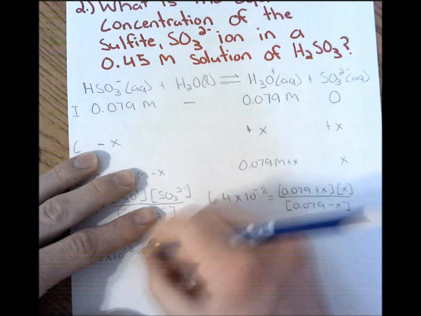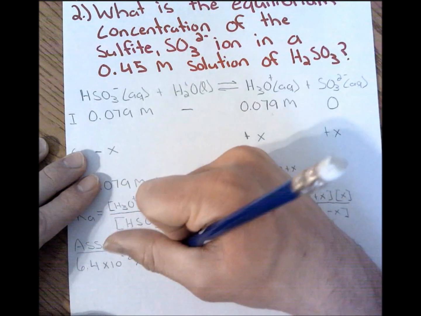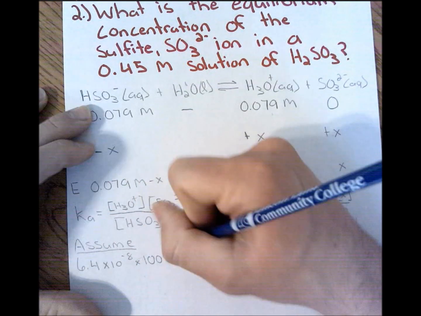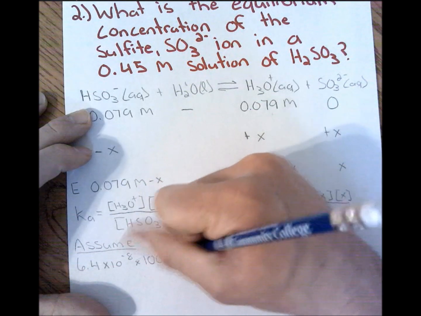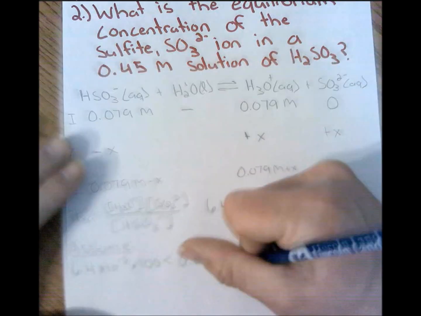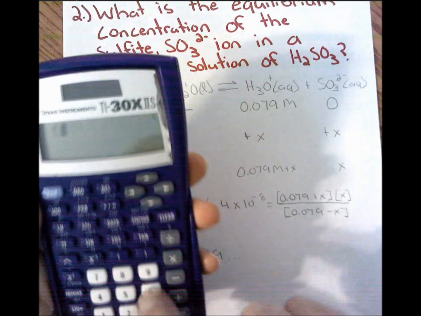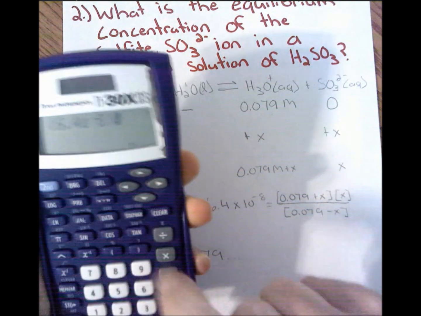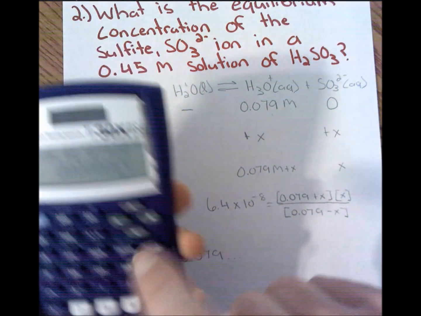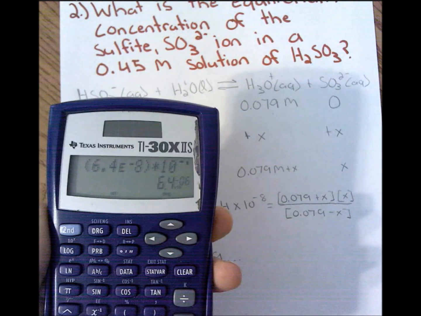If we plug this into our calculator, I'm going to take 6.4 times 10 to the negative 8th times 100, and I get 6.4 times 10 to the negative 6. So 6.4 times 10 to the negative 6 is much less than 0.079. So this is true.